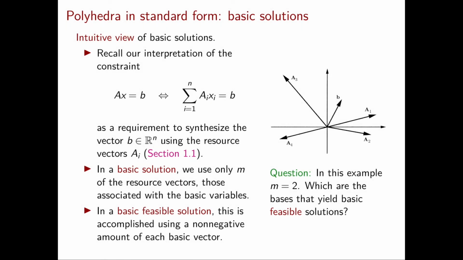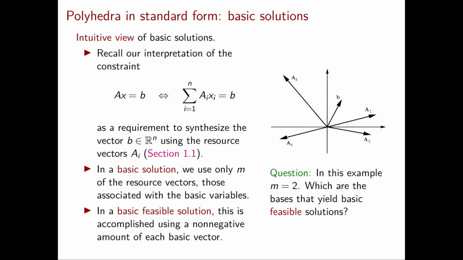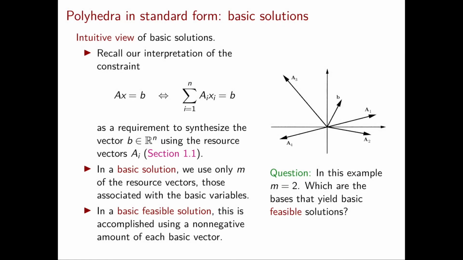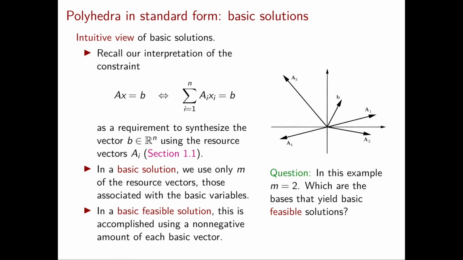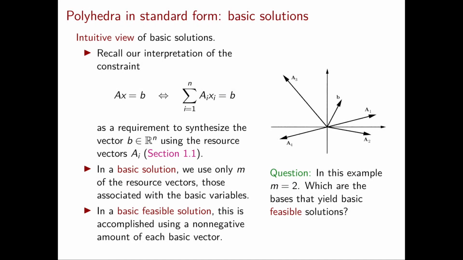On the other hand, you can quickly realize that A2 and A4 do not form a basic feasible solution, because no matter how hard you try, you will never be able to write b as a non-negative combination of A2 and A4. One way to see that is that any non-negative combination of A2 and A4 will have an x2 component that is less than or equal to 0, since both A2 and A4 have a second component that is less than or equal to 0.